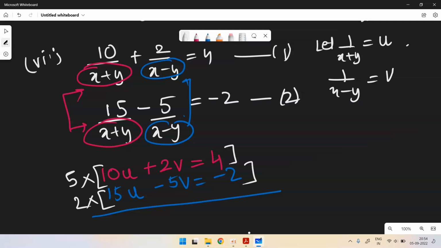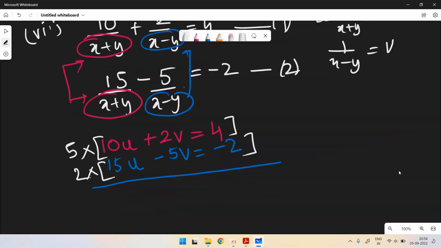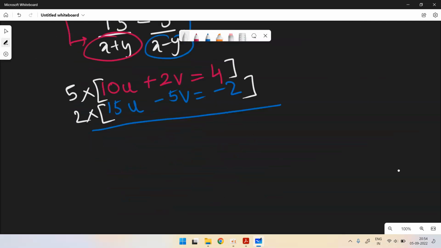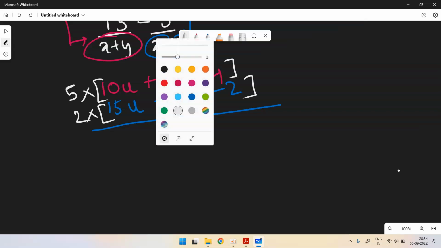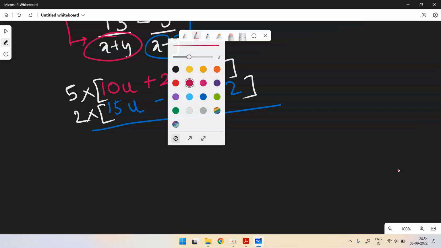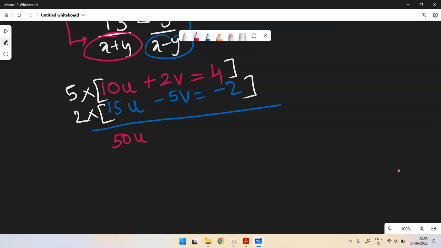Now if you multiply both equations by their respective coefficients, this will become 50u plus 10v equal to 20, and the next is 30u minus 10v equal to minus 4.